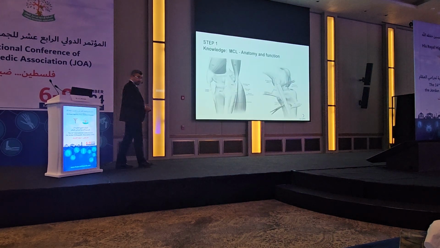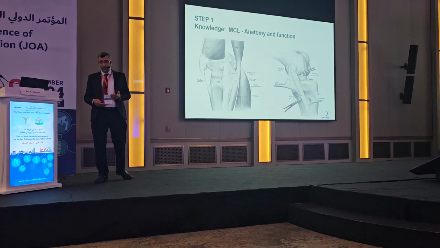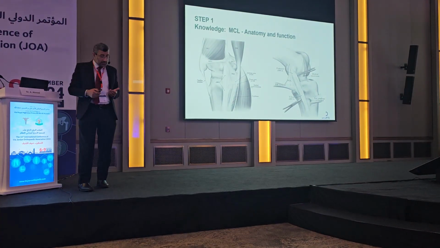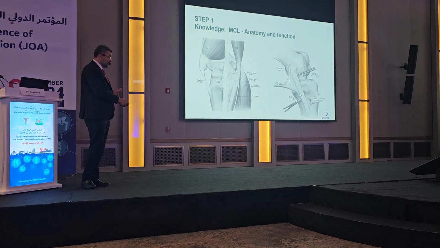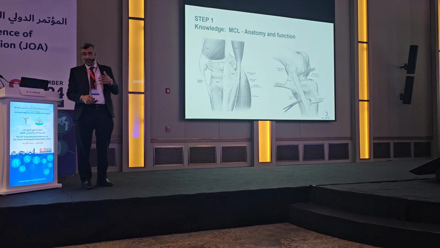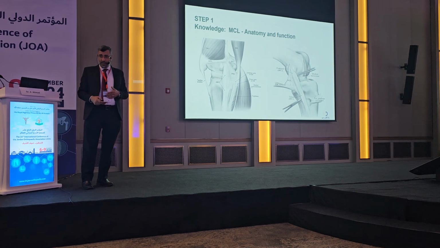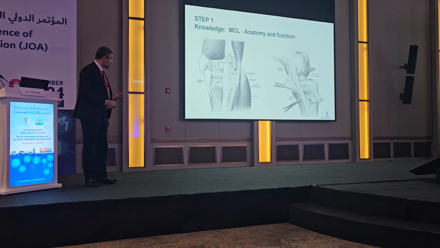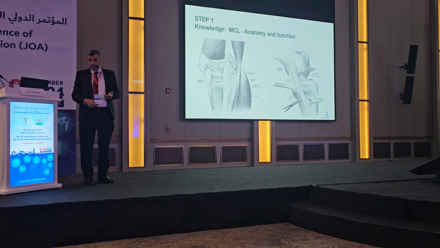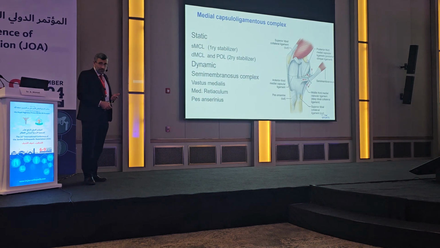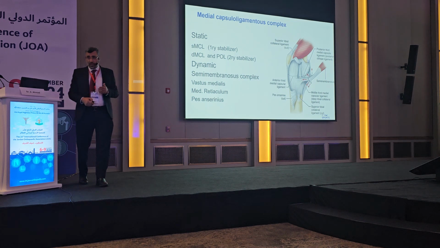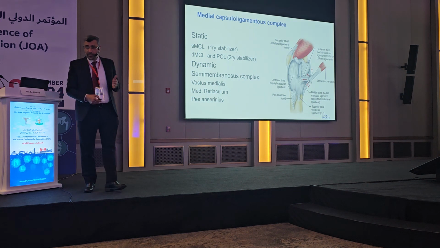Step 1, knowledge: anatomy, biomechanics, because the MCL is not just a simple ligament. It's a part of a very complex capsule ligamentous structure. So it's important to know the anatomy, the MCL parts, the oblique ligament, the role of dynamic stabilizers, the role of each one, because we know for each ligament there is a muscle to protect.